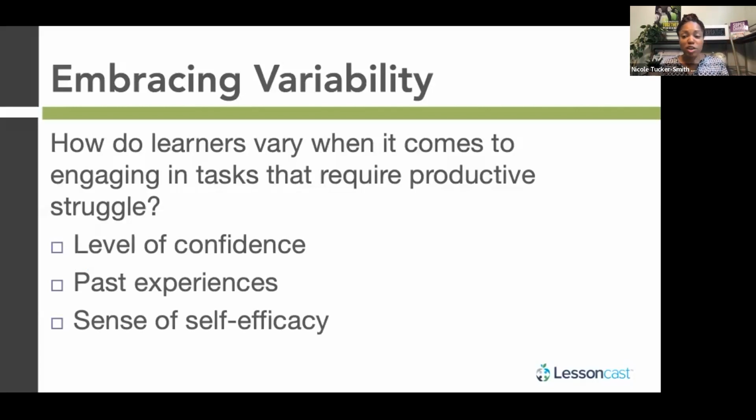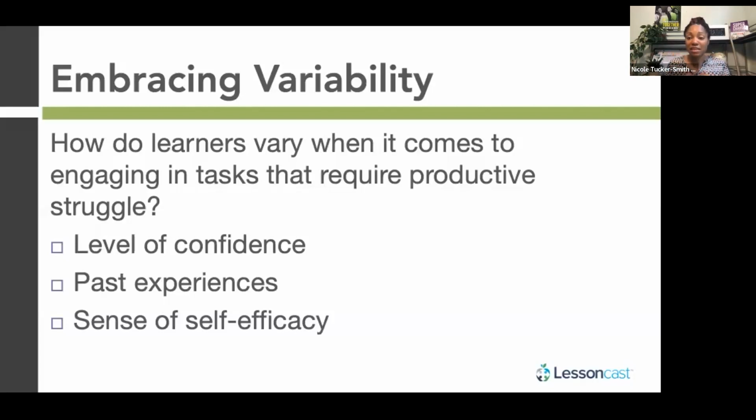Learners are going to differ in terms of their past experiences. Maybe some students have had teachers who've been very supportive and encouraging and created those relationships where they felt safe enough to take risks. And maybe others have been in a more punitive learning environment. And then the third one is so important when it comes to productive struggle. Students may vary in terms of their sense of self-efficacy.